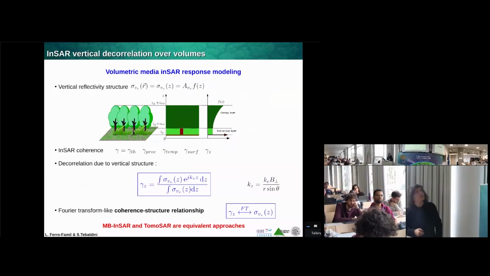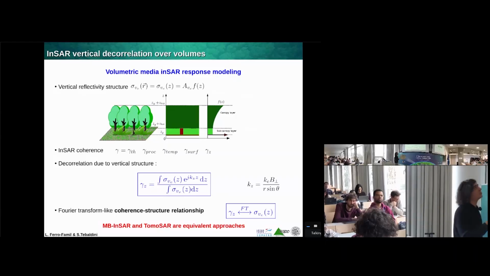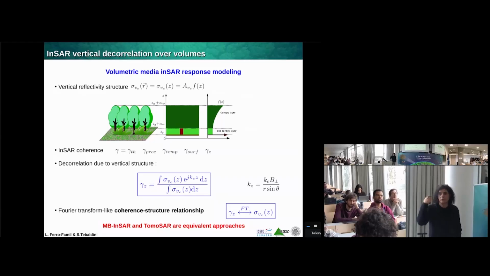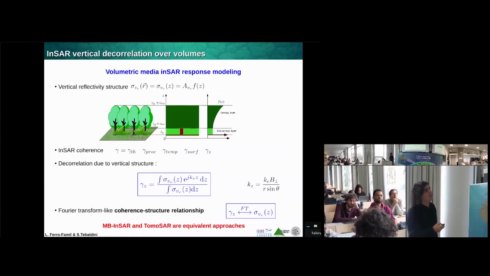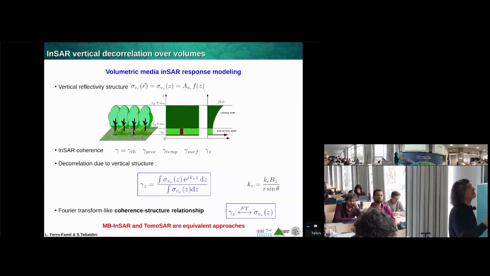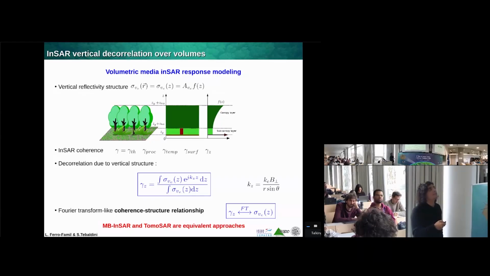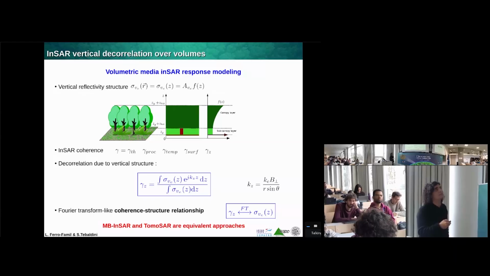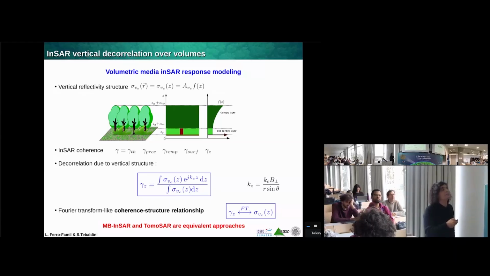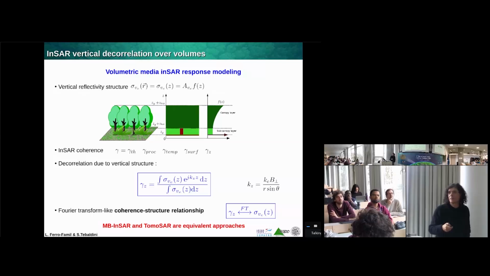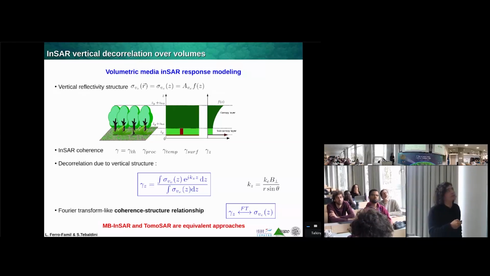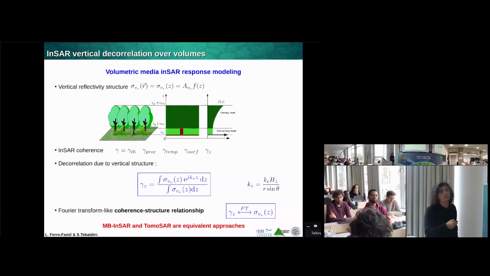So to understand this tomogram, or to motivate the processing we did, you need to keep in mind the expression of volume decorrelation we just saw in the last set of slides. It tells you that the normalized correlation coefficient, the coherence, is a function of the density of reflectivity in the vertical direction, and the relationship between these two is a Fourier transform, an integral with a complex exponential term.